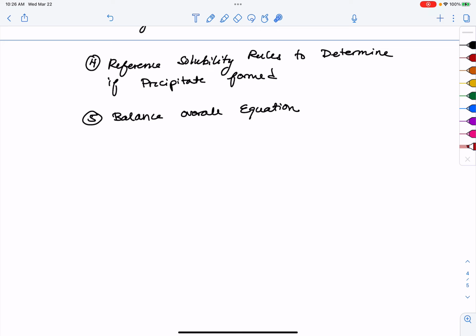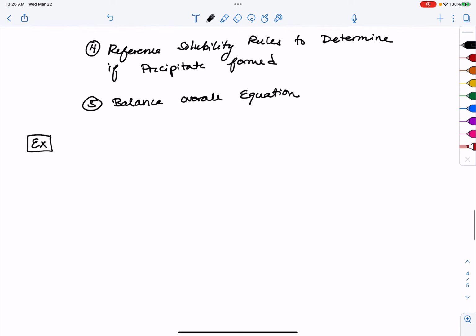So let's do an example or a review of precipitation reactions.